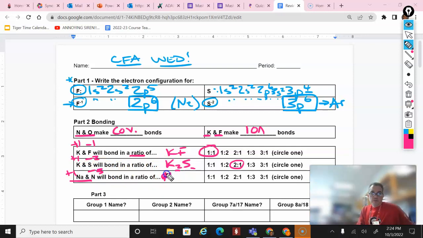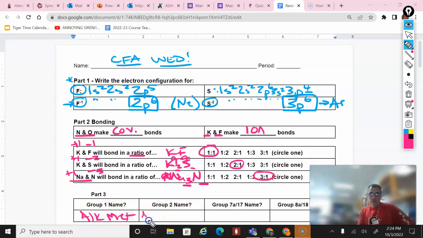So Na would be 3. We switch our numbers over here, and nitrogen would be a 1. So this is a 3-to-1 ratio with those. So again, all that we're looking for in a ratio is how these numbers compare to one another, 1-to-1, 1-to-2, and so forth.